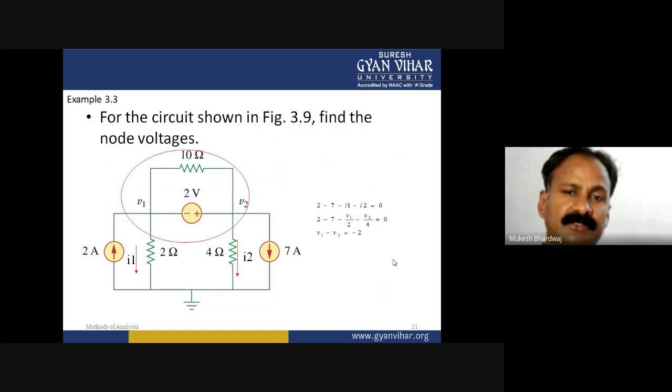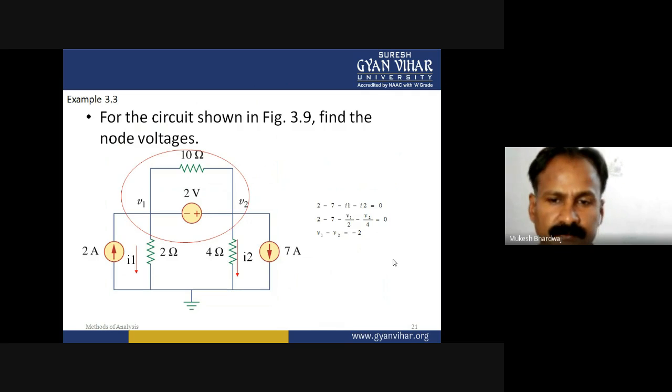So for the circuit shown, this voltage source and the voltages V1 and V2, these nodes are considered to be a supernode. Now we write down the equation: 2 minus 7 minus I1 minus I2.